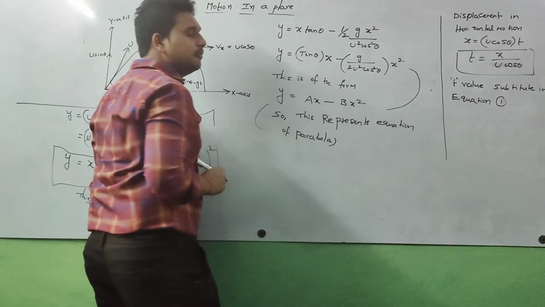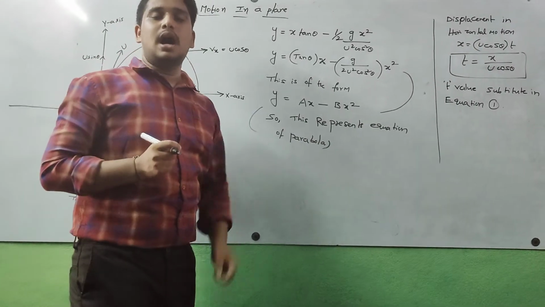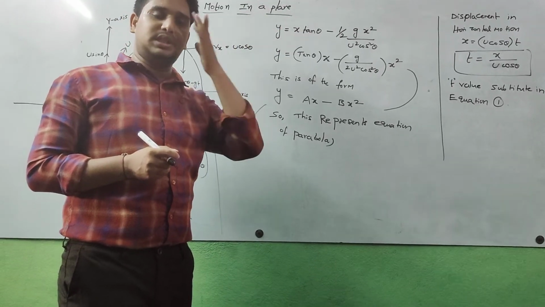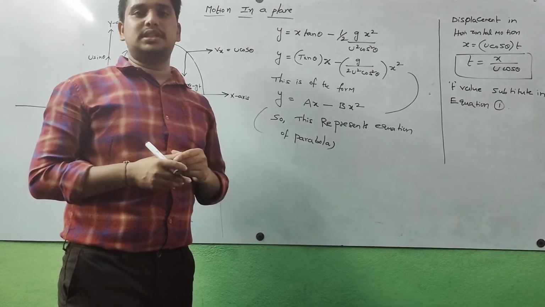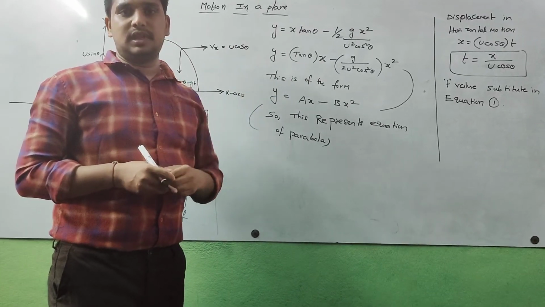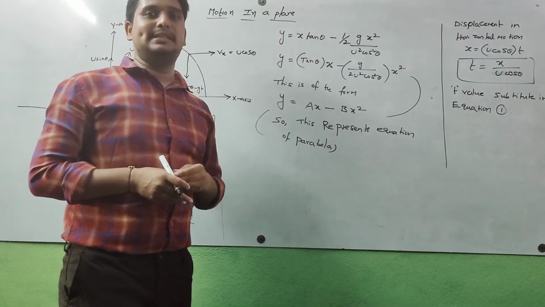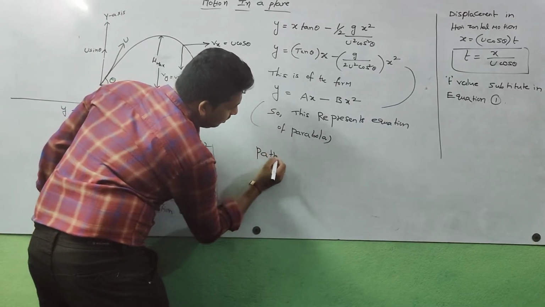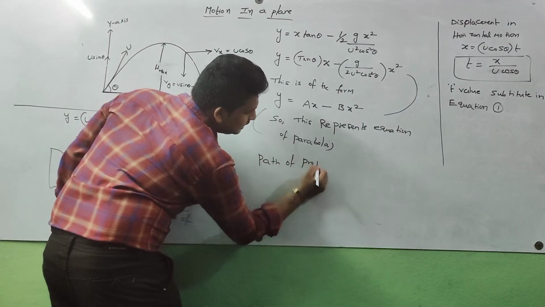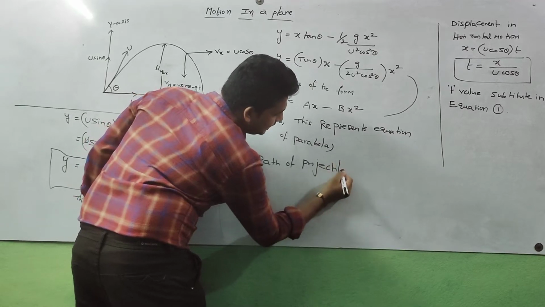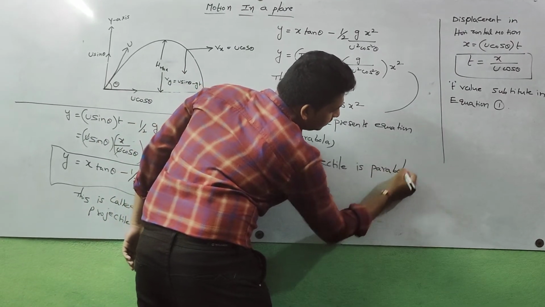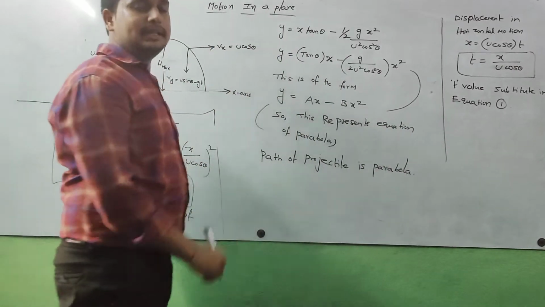From this we concluded that in oblique projection, if we project a body, the motion of the body, or the path of the projectile, is a parabola.